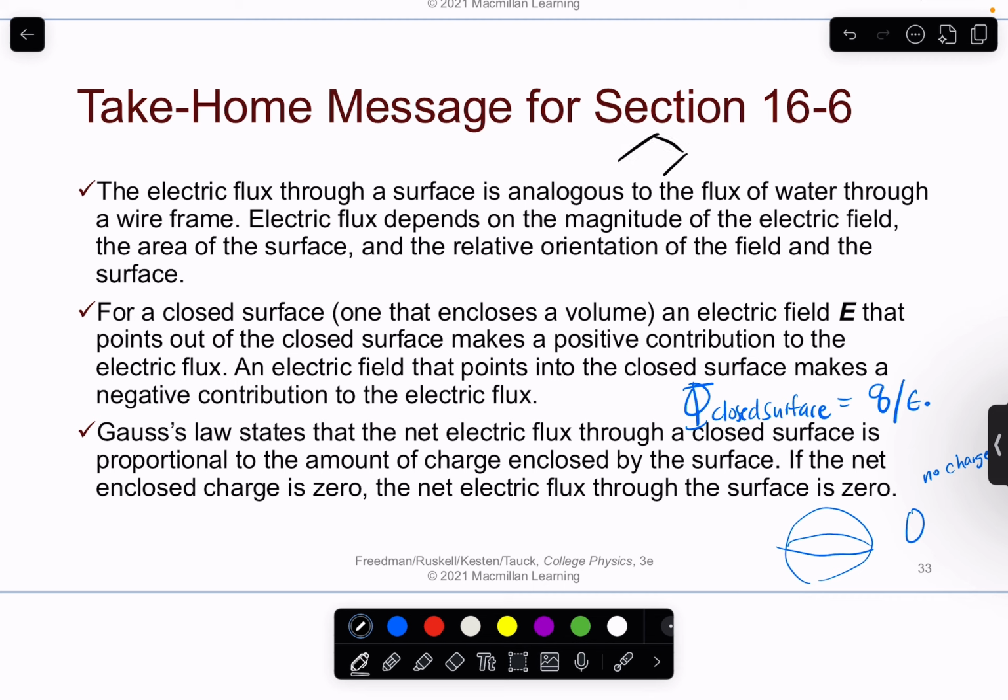When we normally care about an area, we care about how big the square is. But when we are using flux, what we really care about is the direction that the perpendicular of the area makes. We also care about the area value, but in the perpendicular direction. And so when we calculate the flux, we need to find the component of E that is in the same direction as that perpendicular.